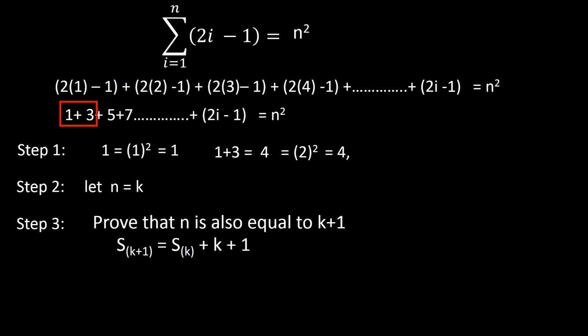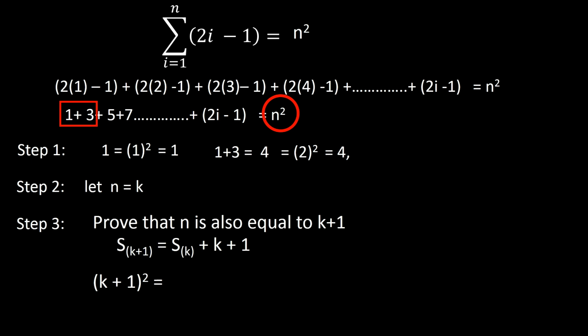So according to the formula I mentioned earlier, S summation k plus 1 is equal to summation k plus 1. So the summation there is representing n squared. We put k plus 1 as n, so it will be k plus 1 squared, which is equal to summation k. Summation is n squared, yes.